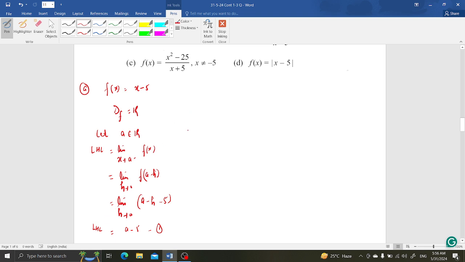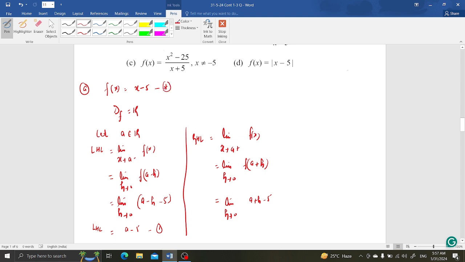Now the next one is your RHL. RHL is the limit as x tends to a positive of f(x), which is limit h tends to 0 of f(a + h), that is limit h tends to 0 of (a + h - 5).